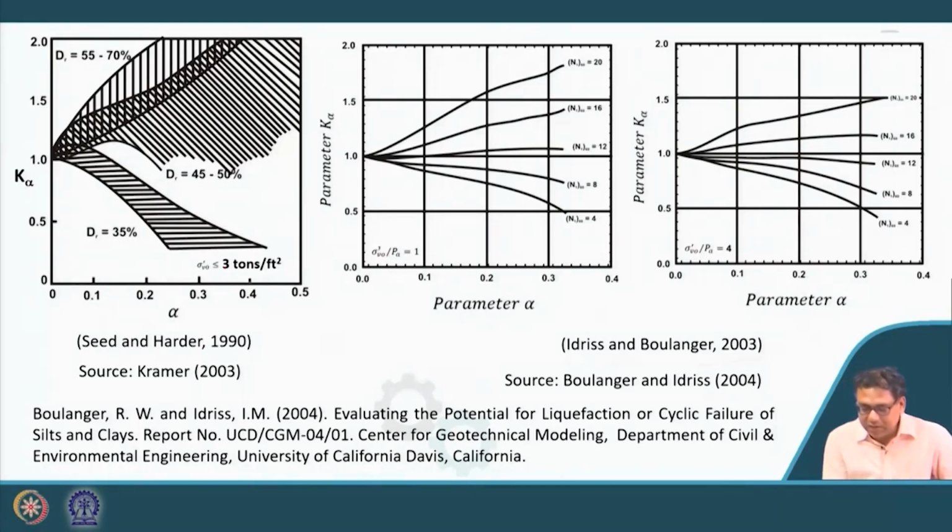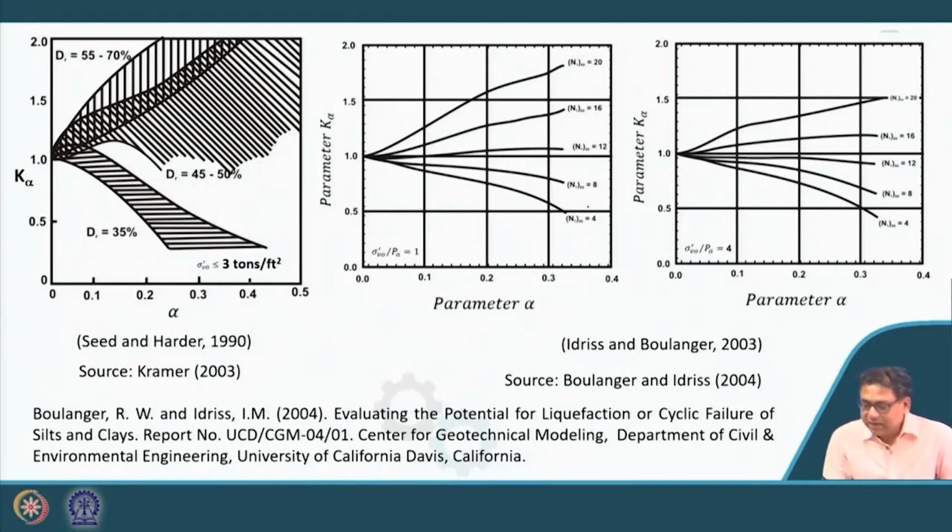One is for sigma V dash divided by Pa equal to 1, that means sigma V dash is 100 kPa, and another is for sigma V dash of 400 kPa. In between you can linearly interpolate. So if you know the alpha and the N160 value of the soil, you will get the K alpha value.